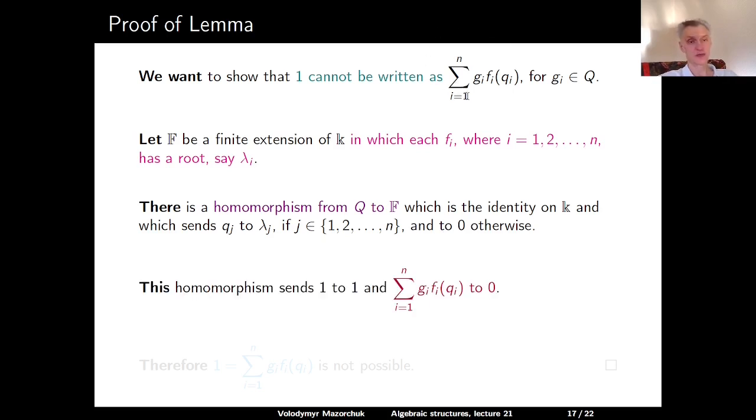And this homomorphism, of course, sends 1 to 1 because it's a ring homomorphism, and it sends our sum to 0 because all f_i evaluated at q_i are sent to 0. Therefore, the equality that 1 is equal to our linear combination is not possible because the left and right hand sides have different images with respect to our homomorphism. So this proves our lemma.